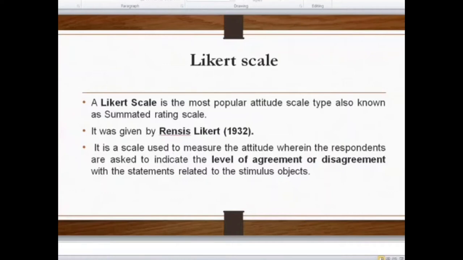Some series of statements are given. Example: Shop is Top sells high quality merchandise. I like to shop from Shop is Top. It offers several credit schemes. It charges fair prices. I like the way Shop is Top advertises its products. For statements like these, we have to respond whether we strongly agree, agree, disagree, or neither agree nor disagree.